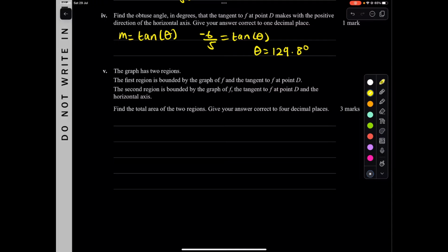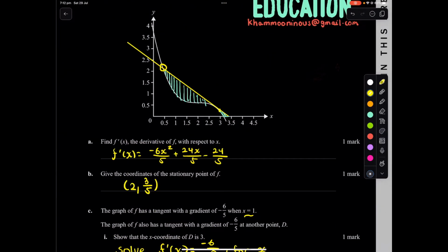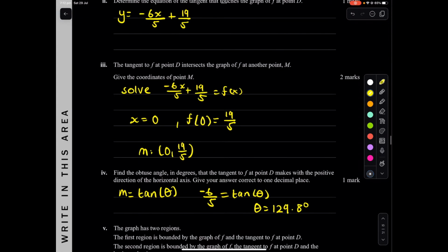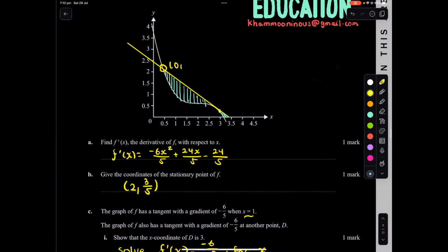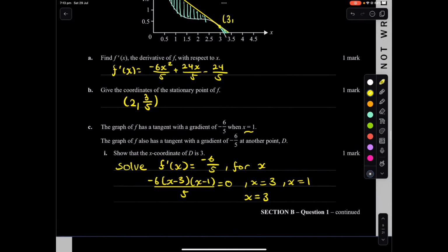Okay. So, by the way, this point is supposed to be the intercept 0, 19 over 5, and this value over here is supposed to be 3.